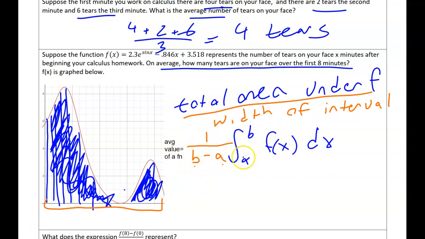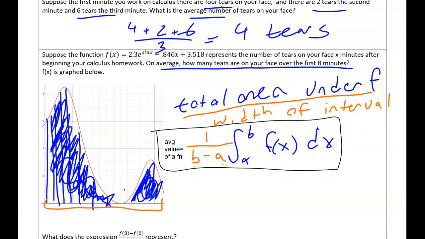This integral represents the average value of a function, and it makes sense that it would, because it really is directly in line with our baby notion of an average up here, just written in terms of this new calculus idea we're studying.